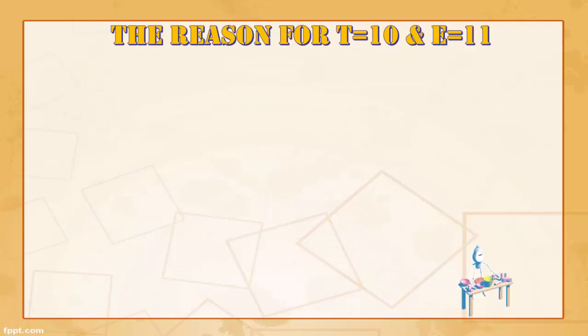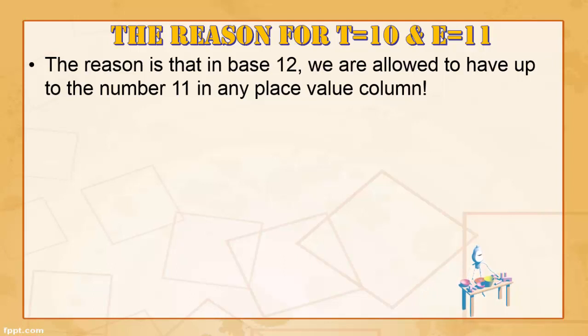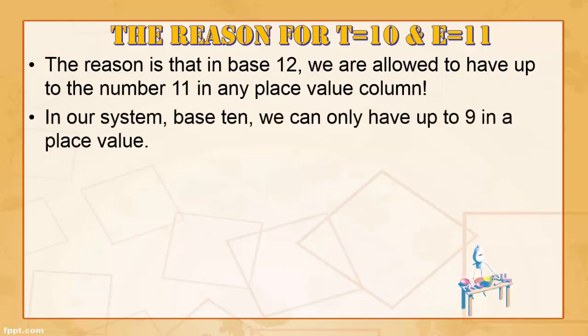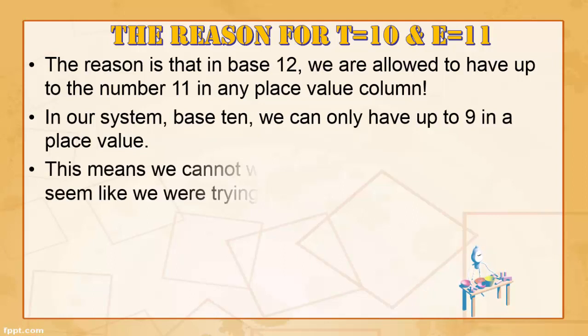The reason why we use T for 10 and E for 11 is that in base 12, we are allowed to have up to the number 11 in any place value column. In our system, base 10, we can only have up to 9 in a place value.